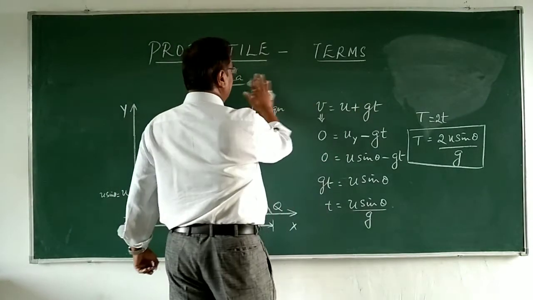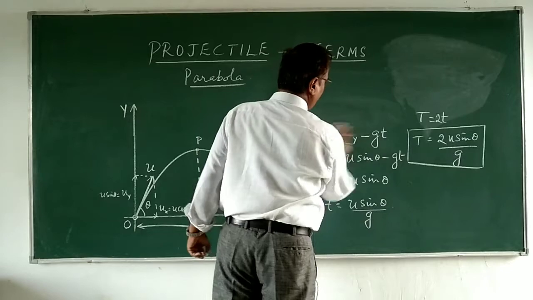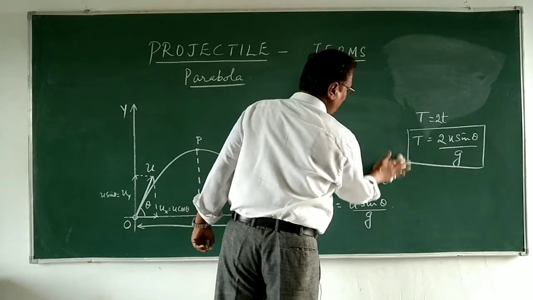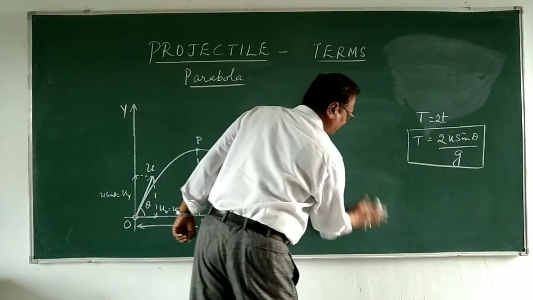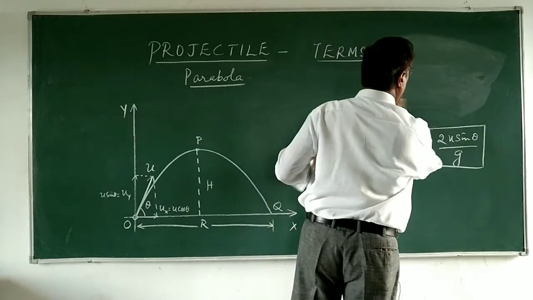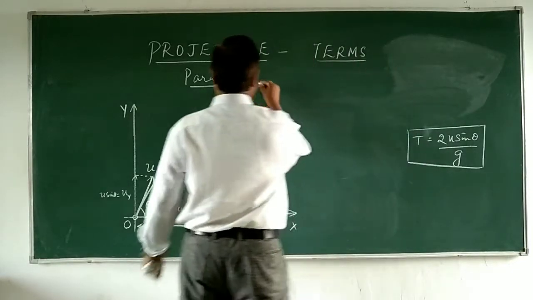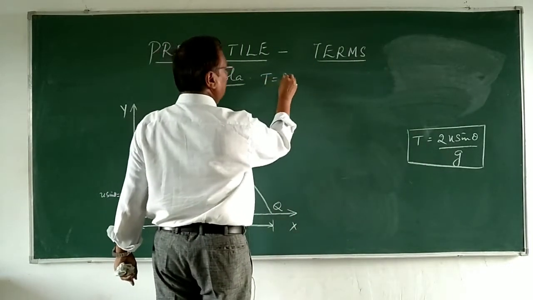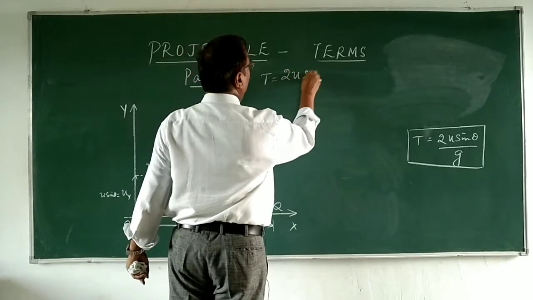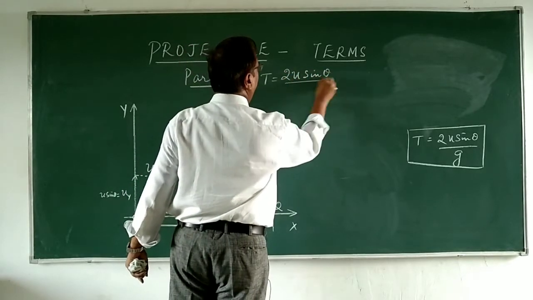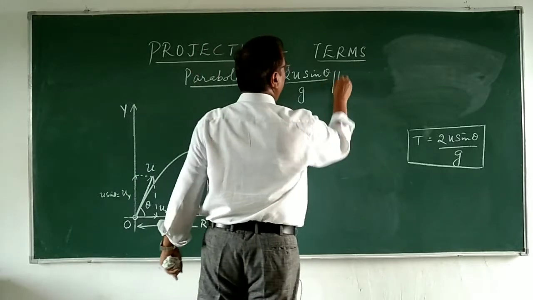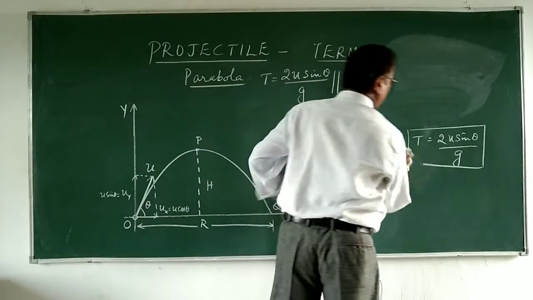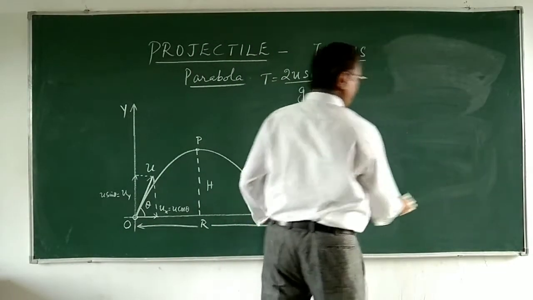Time of flight is the time taken by the projectile to travel to the uppermost point and then to fall back on the ground. That is called time of flight. So let me write here the formula 2u sin theta divided by g. This is the first equation which I have done.